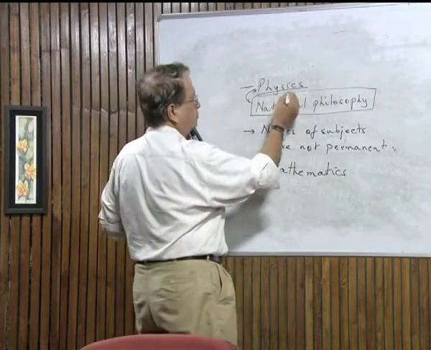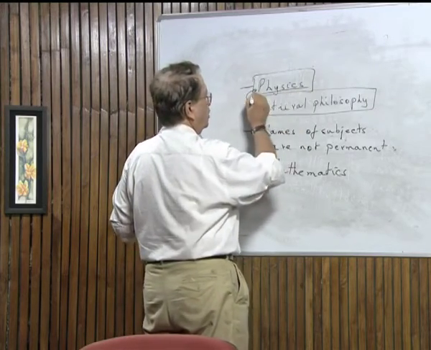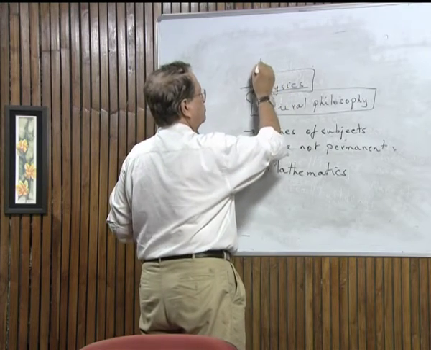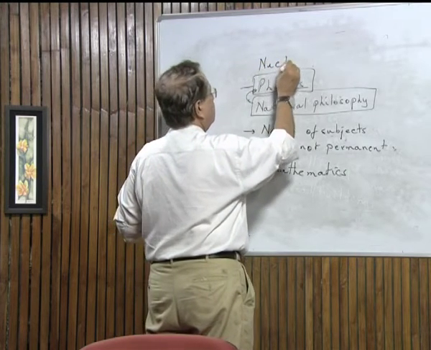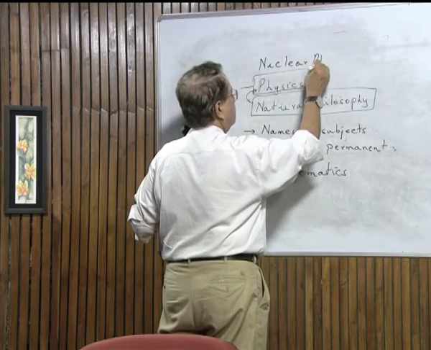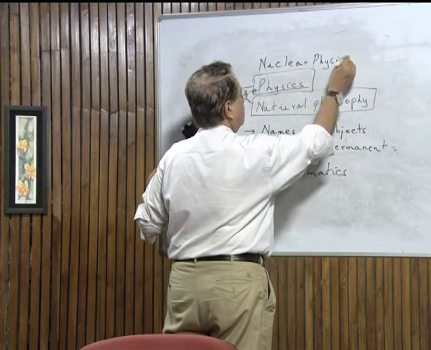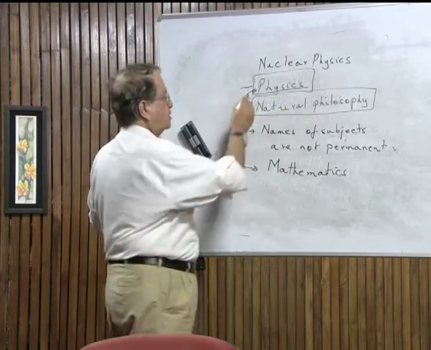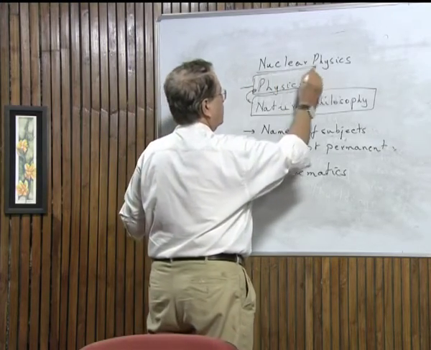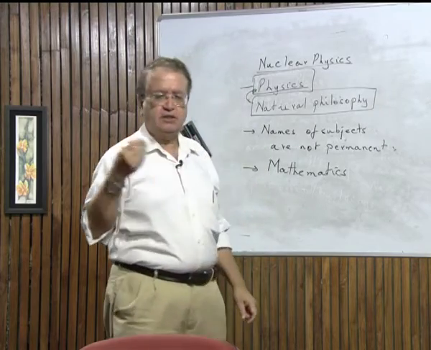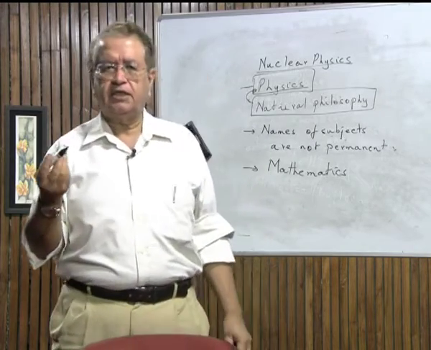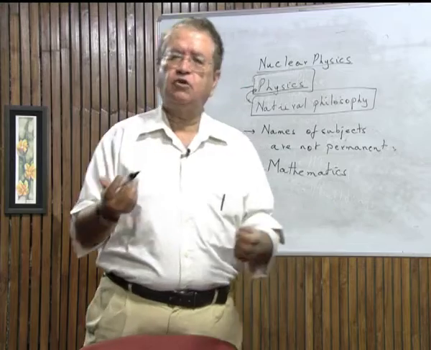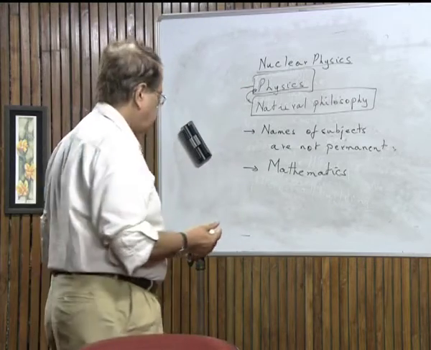I can take another example from the field of physics. About 200 years back, you did not have the concept of nuclear physics. So, when people were talking about natural philosophy, this concept of nuclear physics did not exist, because this is something which was discovered much later and which was incorporated into what we call physics.